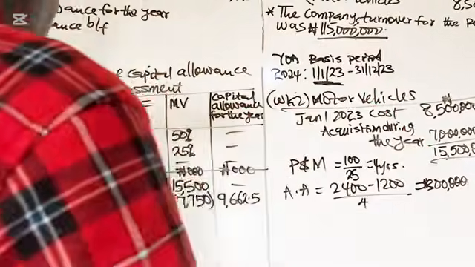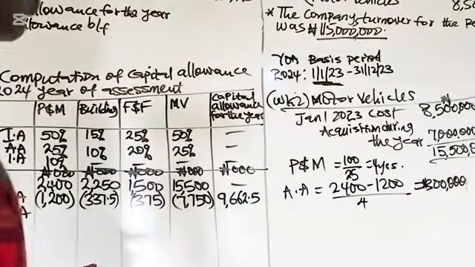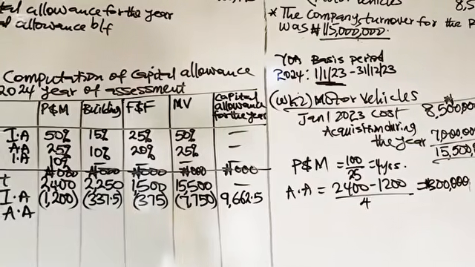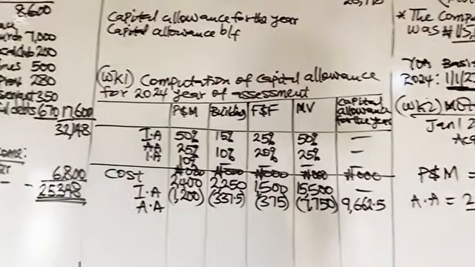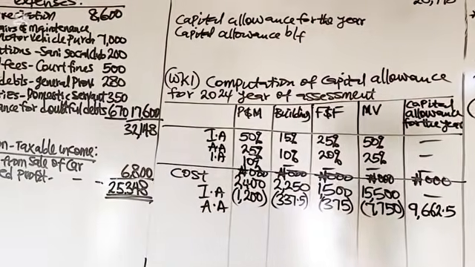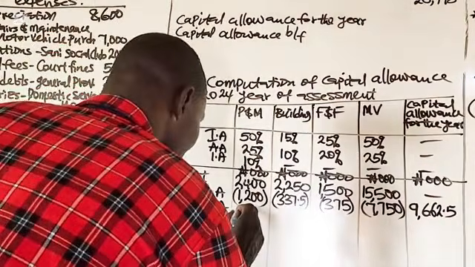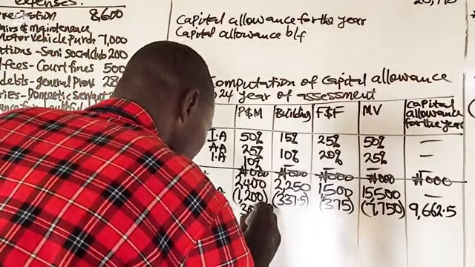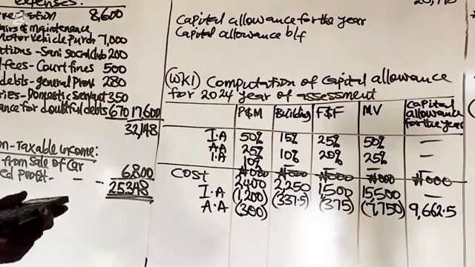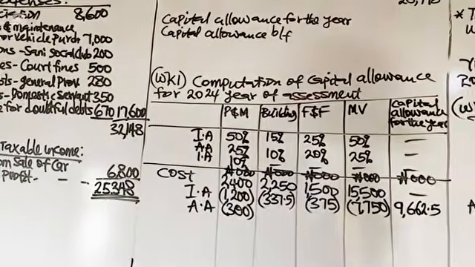You don't need to prorate it since we have up to 12 months in the 2024 basis period, that is from January 2023 to December 31st, 2023. Since you have up to 12 months, the annual allowance is claimable in full, 300,000.